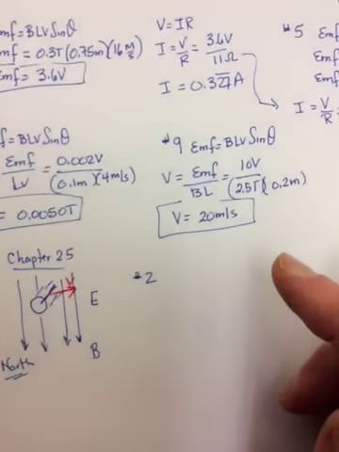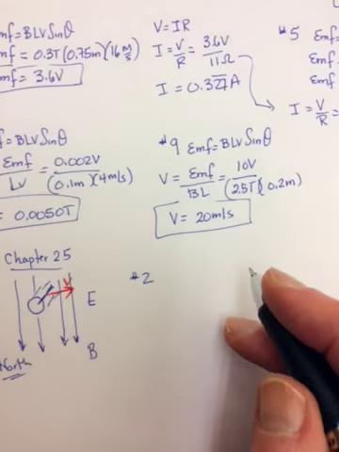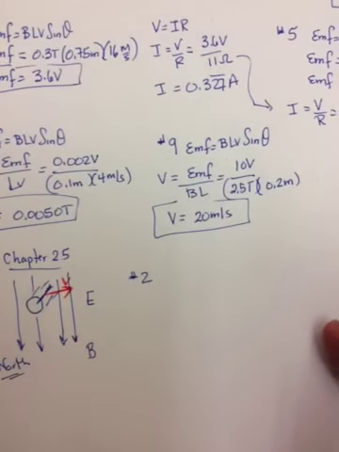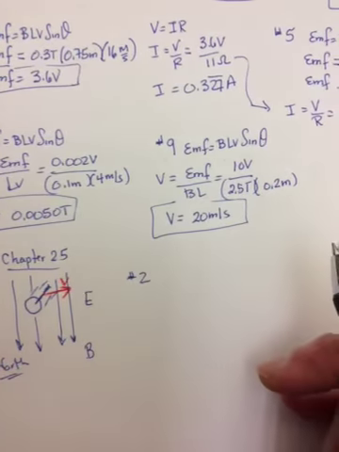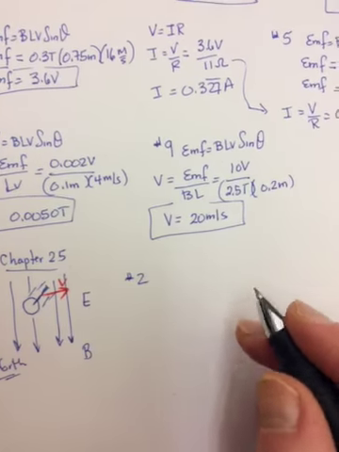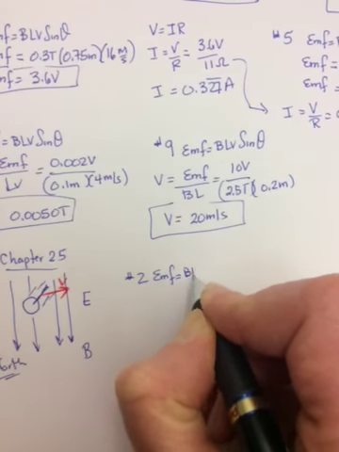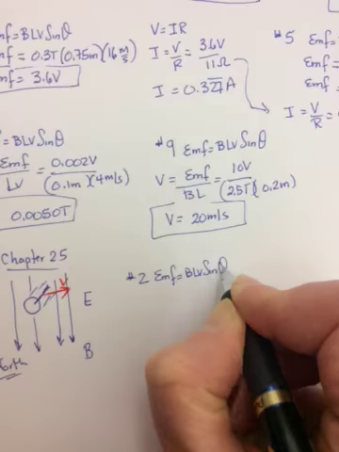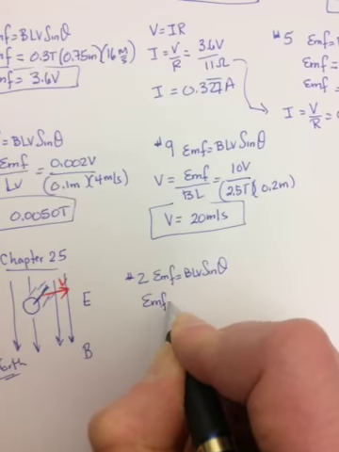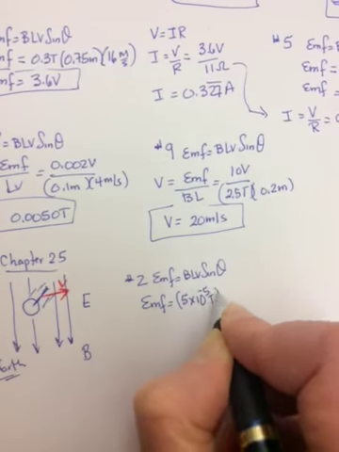Number 2. A wire 1 meter long is moved at right angles to the Earth's magnetic field where the magnetic induction, in other words, the magnetic field strength, is 5 times 10 to the negative 5 teslas at a speed of 4 meters per second. What is the EMF induced? So EMF is equal to BLV sine theta. So at this spot, it's 5 times 10 to the negative 5 teslas.